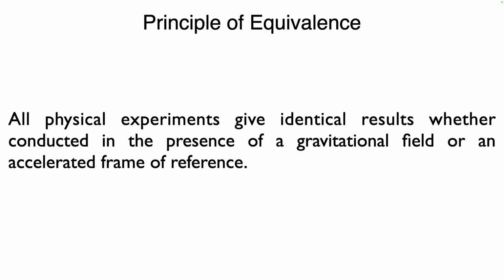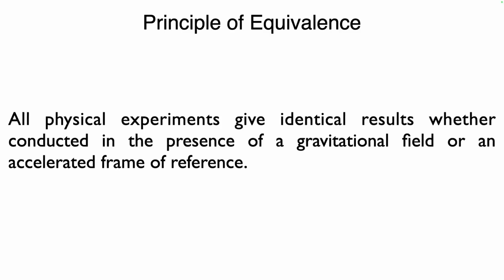Of course, this room isn't accelerating up at 9.8. All you have to do is go outside and look. Prove it. That's Einstein's point. Gravitational fields look exactly the same as accelerated frames of reference.